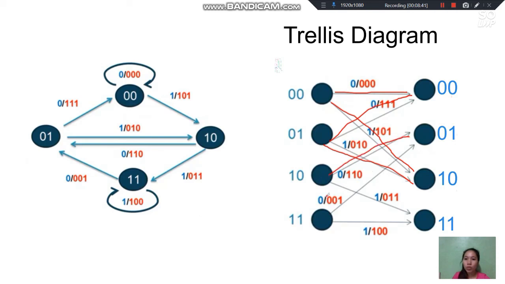And then 1, 0 going to 1, 1. And then 1, 1 going to 0, 1. And 1, 1 going back to itself. Just like that, and then label it with its corresponding input and output.